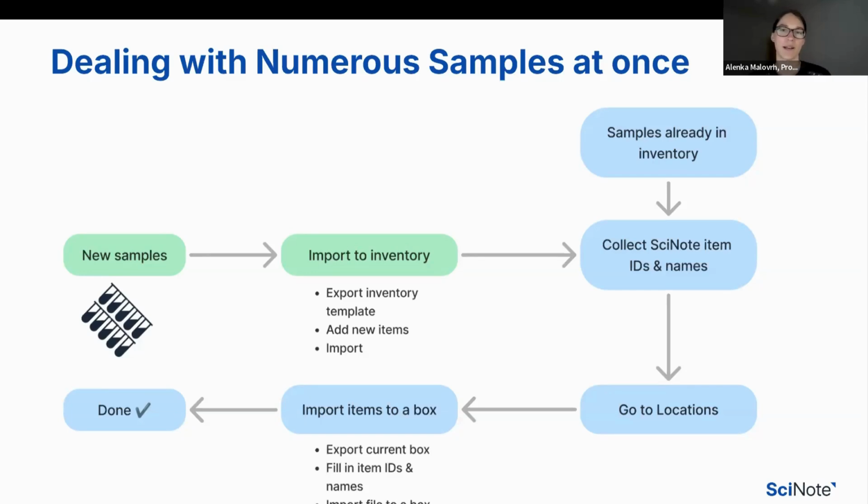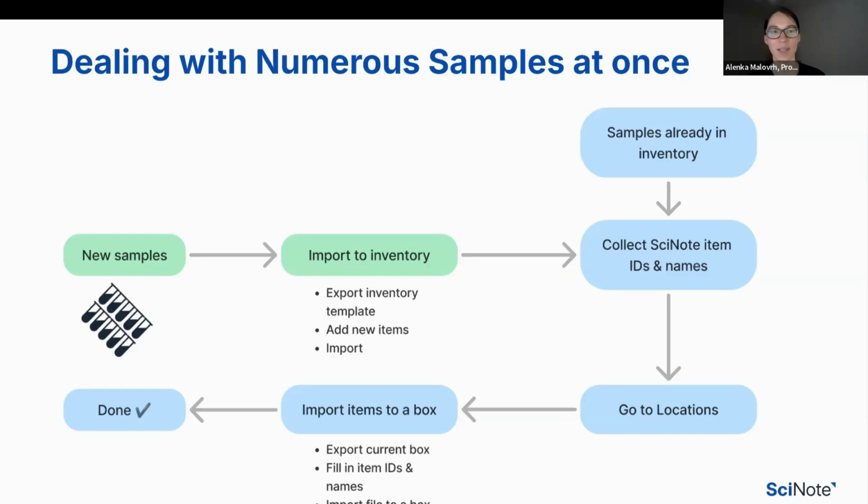To get item IDs from inventory for the existing items, you would start within your inventory. You can filter out the relevant subset of your items and export them. The export file will contain all item data, including their IDs that you will then need for importing to a box.